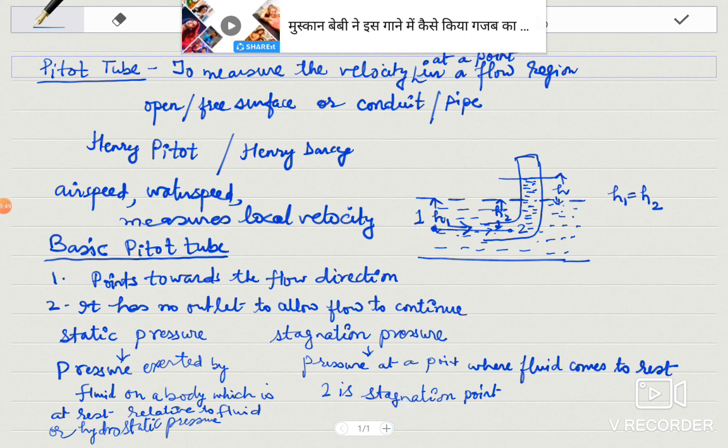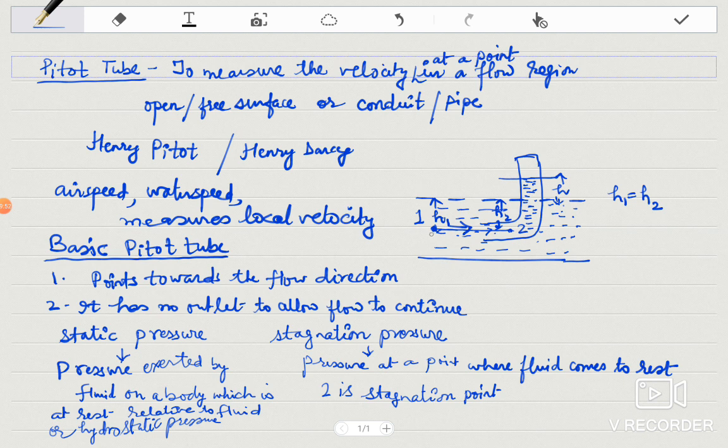Now what we do? We will consider a stream which is going from 1 to 2. It is the same type of fluid, so the fluid density will be rho, and at point 1 pressure will be P1, velocity will be V1. At point 2, pressure will be P2, velocity will be V2.